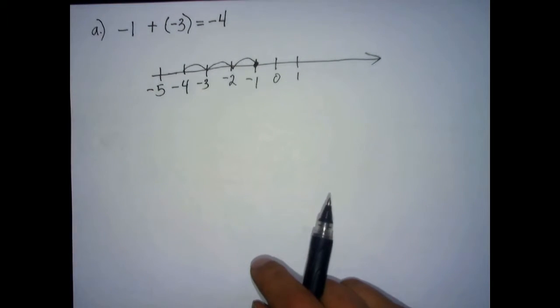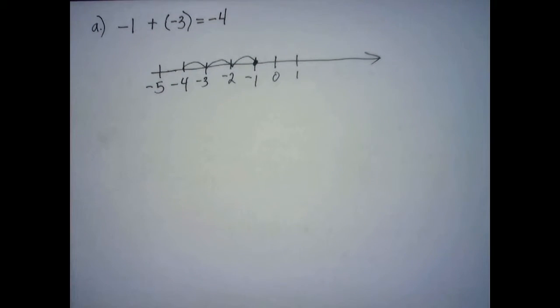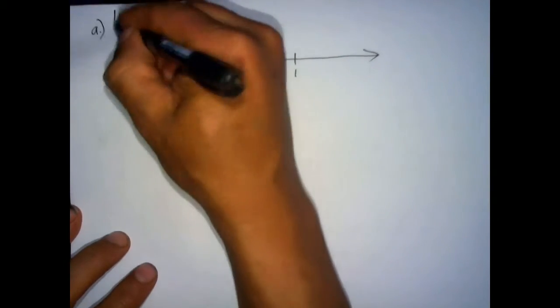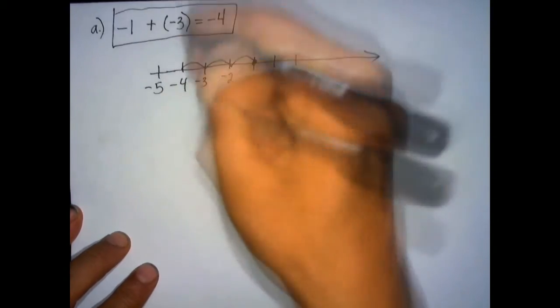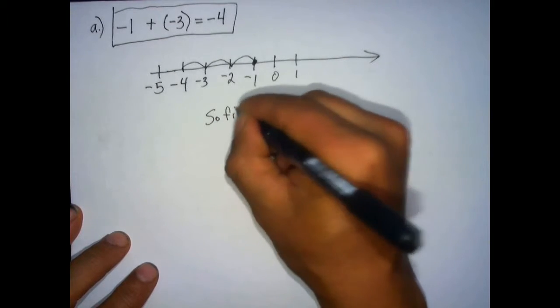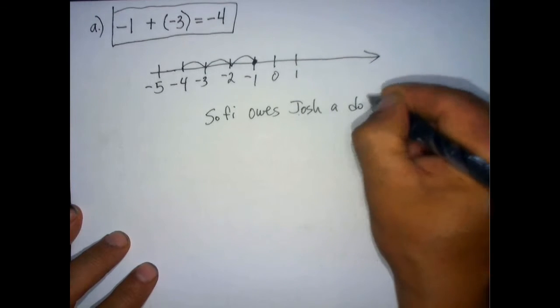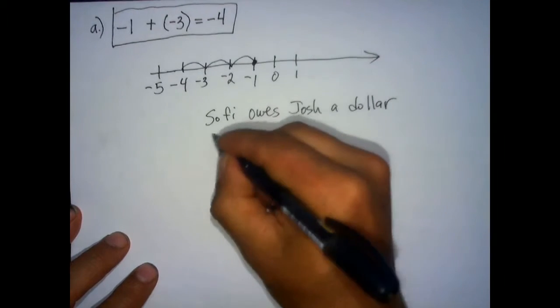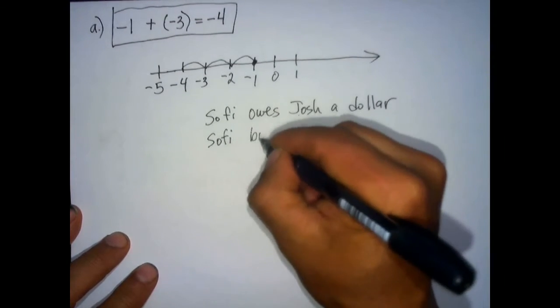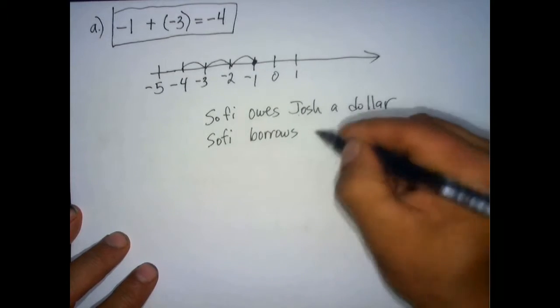So I understand the operation here, but why is it that if you're adding, you're actually subtracting? Because you're moving away. Let me explain this. Sophie owes me $1. Sophie borrows $3 more.